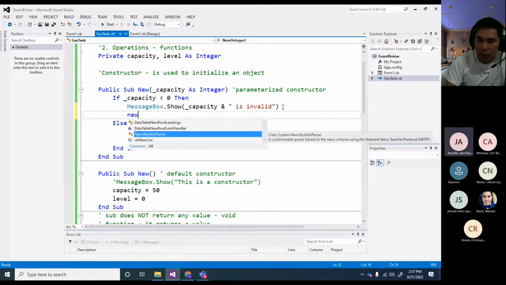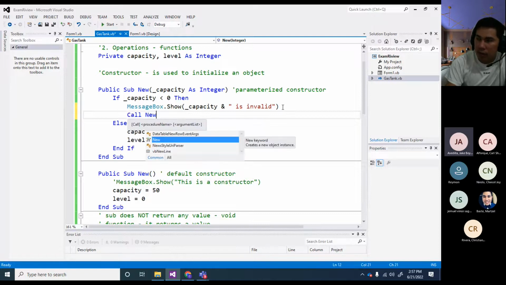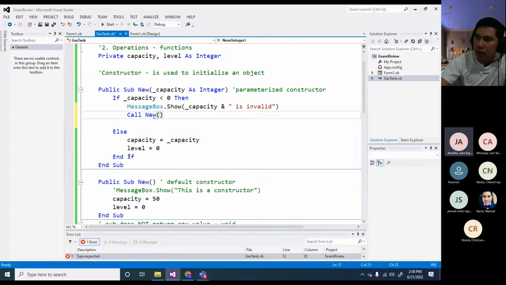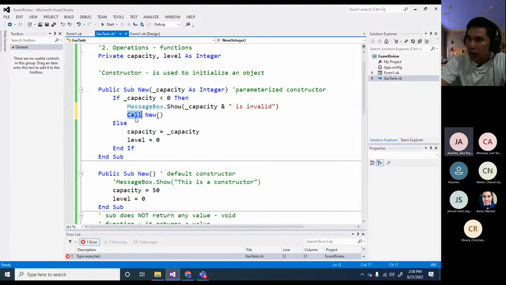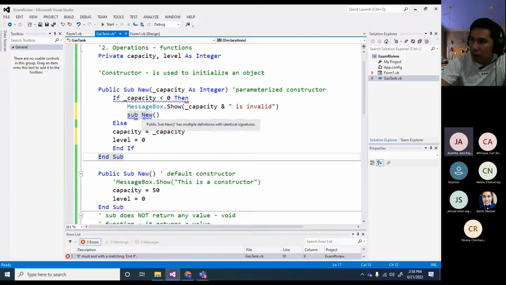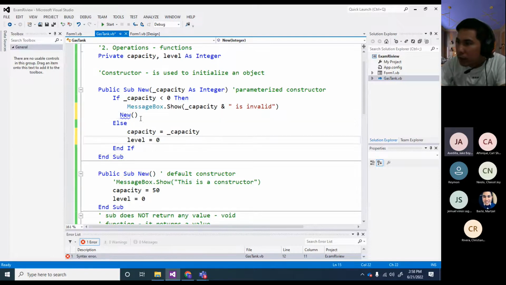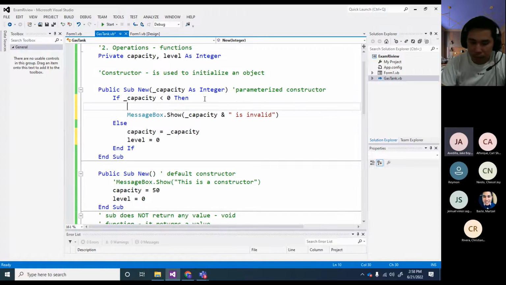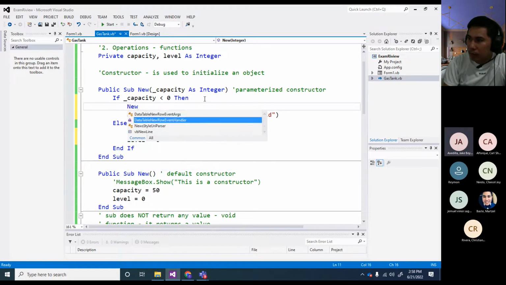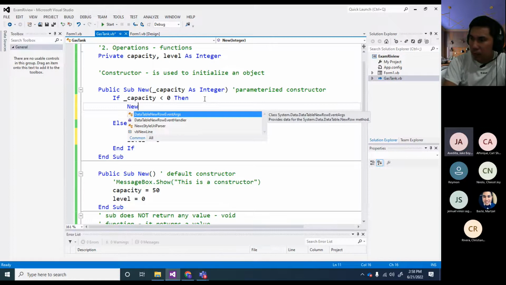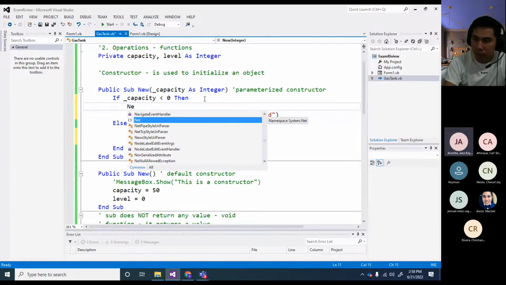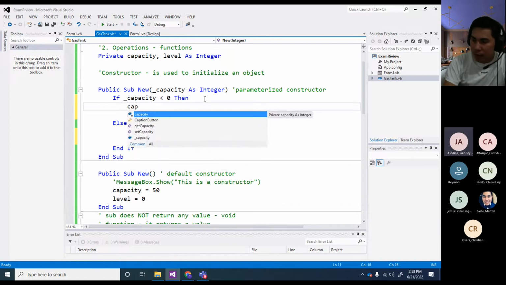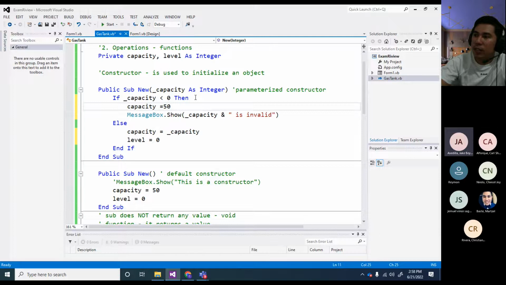a new, or if not, we directly set capacity equal to the initial capacity. I am supposed to be able to call this sub new here.